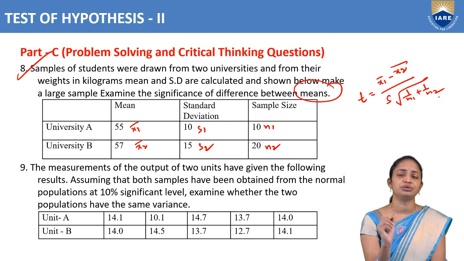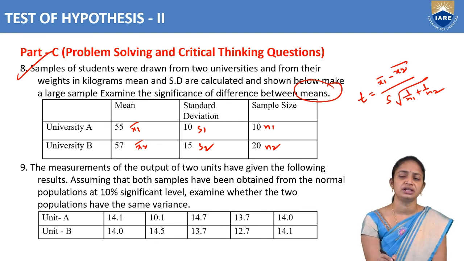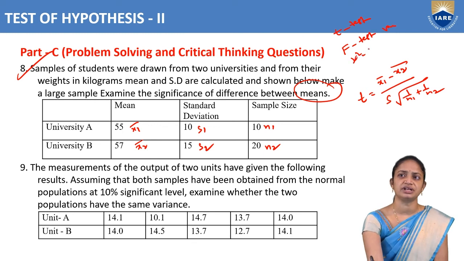Here you need to remember one main point. If they have given based on means, we have to use t-test. t-test is based on means, f-test is based on variances, and chi-square test is based on frequencies.